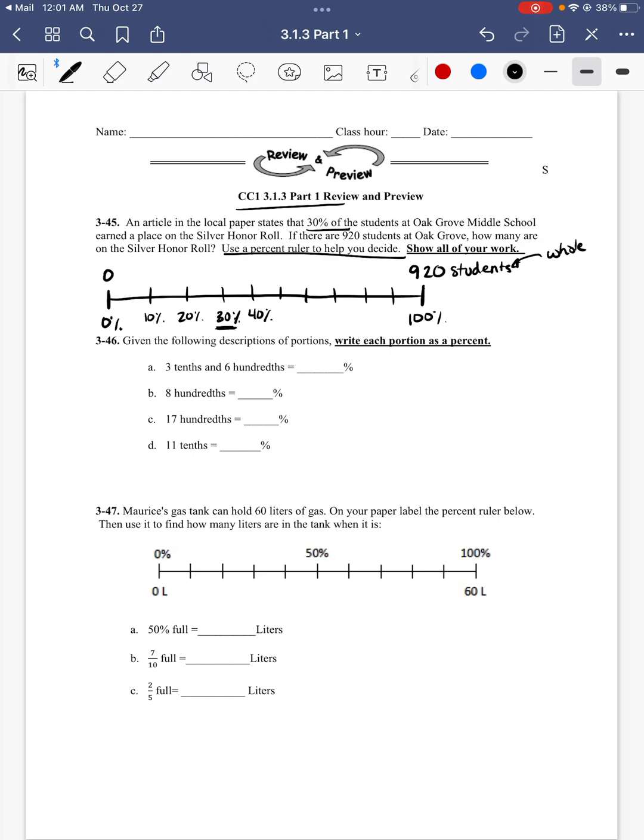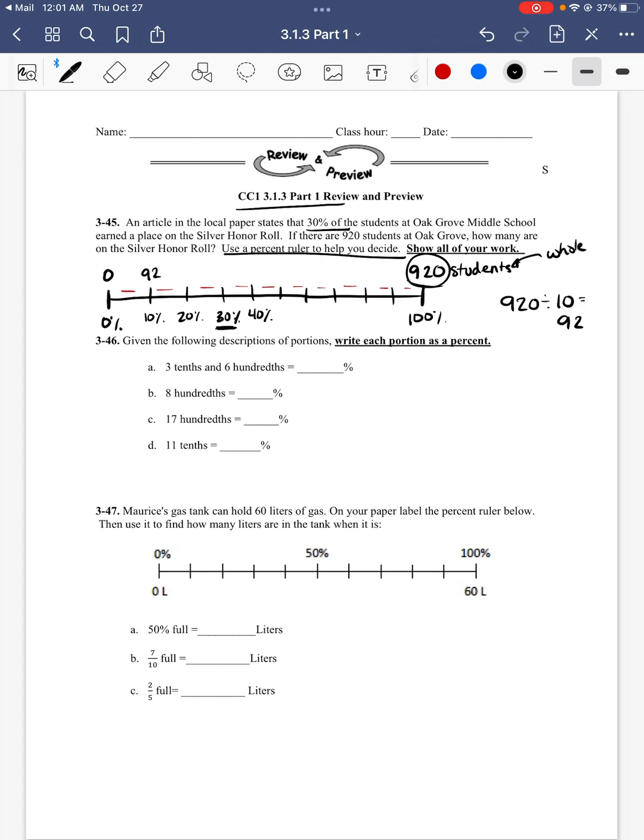So I need to figure out, well, what is 30%? My percent ruler allows me to take my whole, and if I divide it by the number of equal spaces I have on this percent ruler, it's 10. So for example, I'll use red for this. So 1, 2, 3, 4, 5, 6, 7, 8, 9, 10. So 920 divided by 10 is 92.